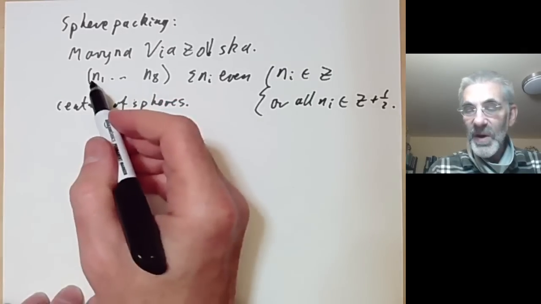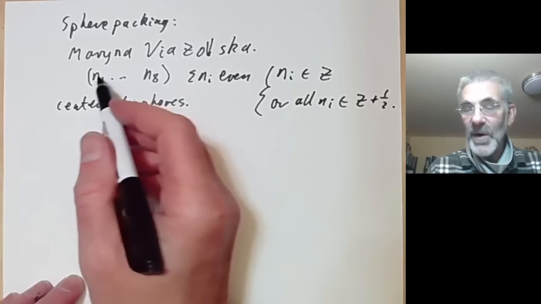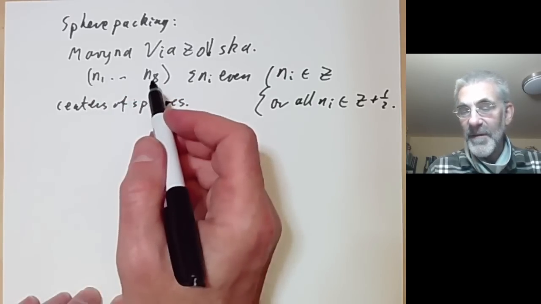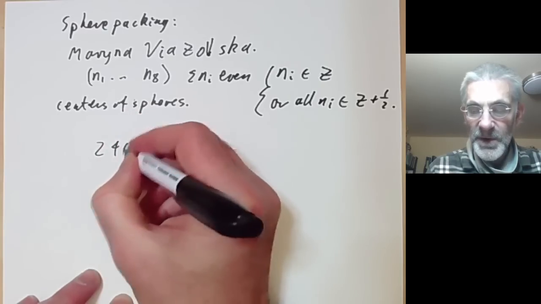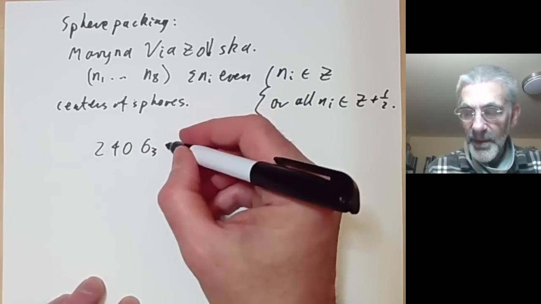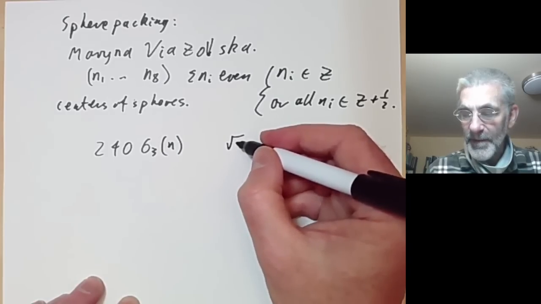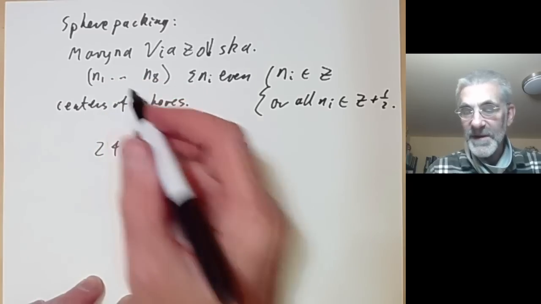There's actually a simpler way in which modular forms turn up with this sphere packing. If you ask how many spheres are at a given distance from the origin, the answer turns out to be 240 sigma 3 of n, where the square root of 2n is the distance of the sphere from the origin.